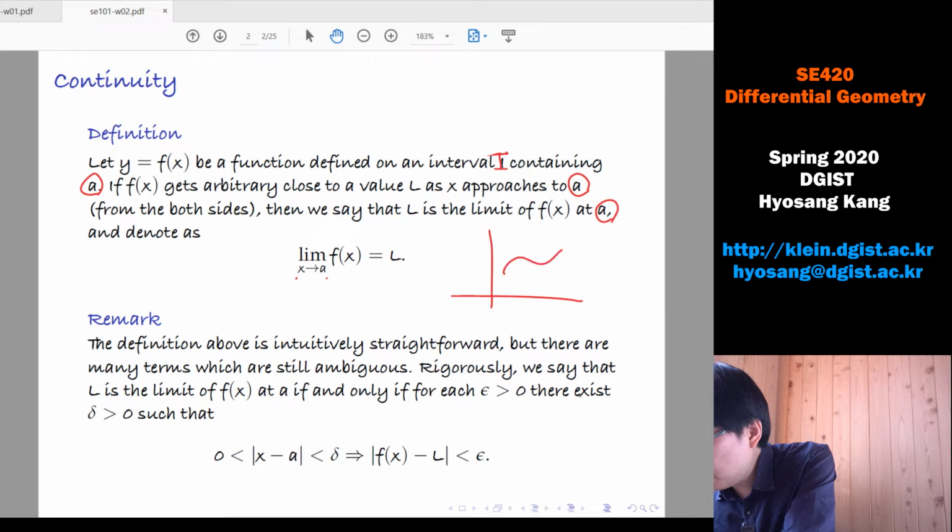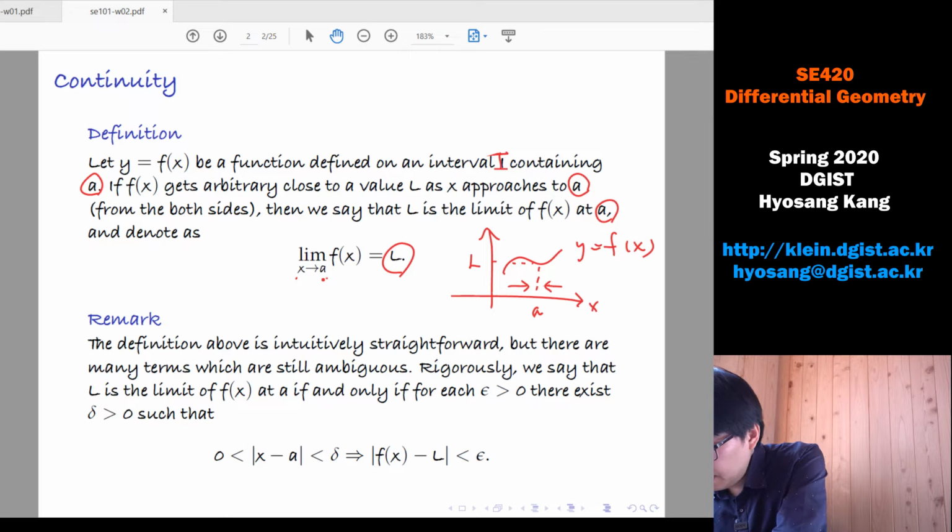We have a function, the graph of the function looks like this, and we have a point a on the x-axis. As we approach a from the left and right side, if the value of the function approaches L, then we say f(x) has a limit L at a.